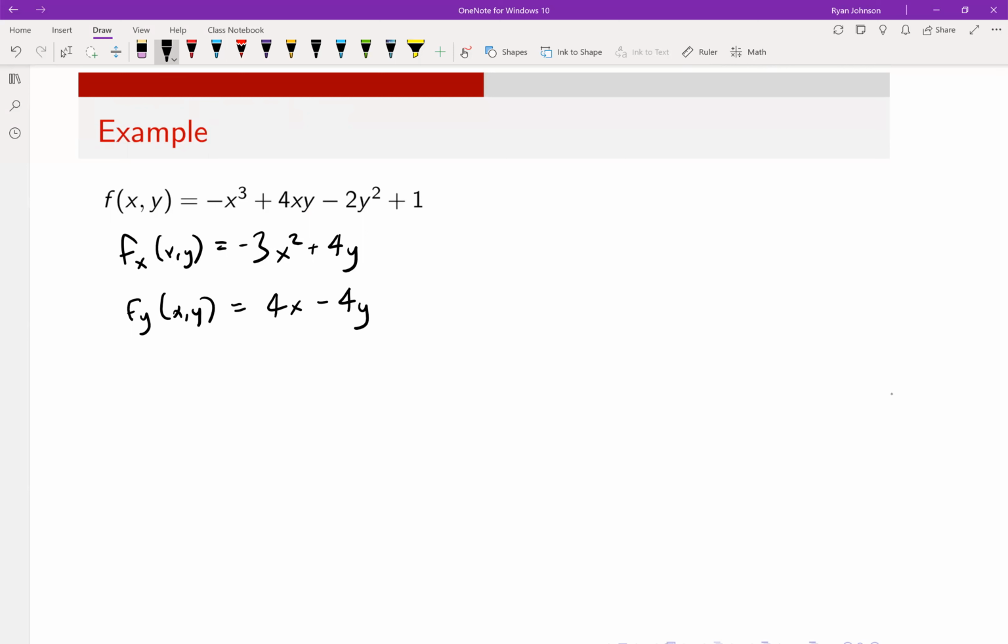Is there any place where these are undefined? No, these are polynomials. They're defined everywhere. But we can set them both equal to 0.